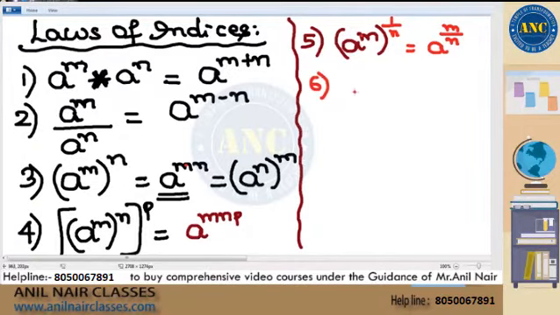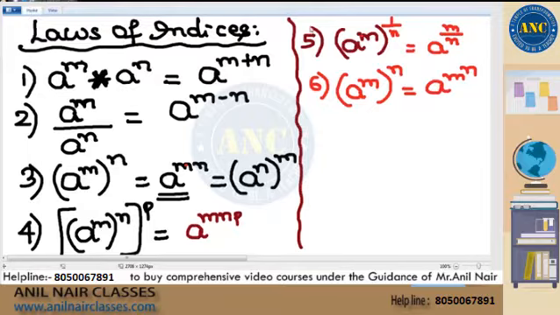Suppose, for example, just now we discussed (a^m)^n. This can be written as a power m power n. This is something students will make a mistake on, because they are not equal.